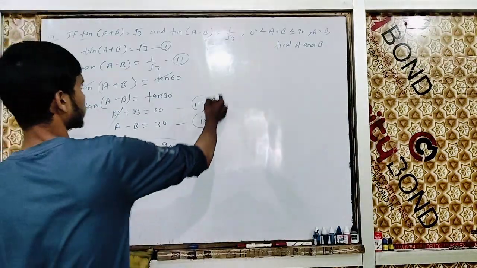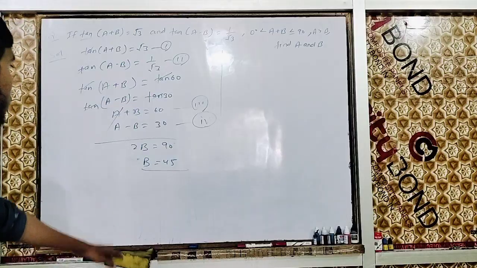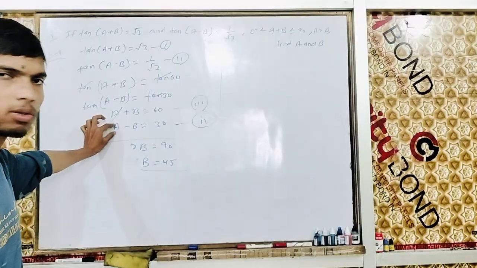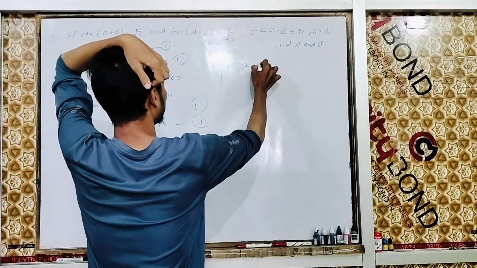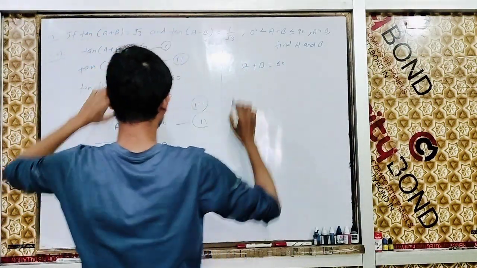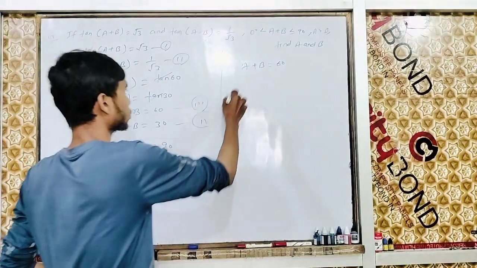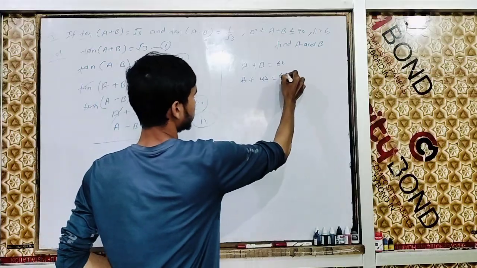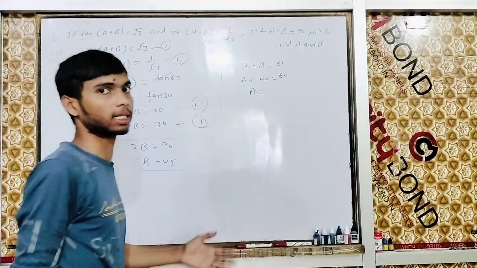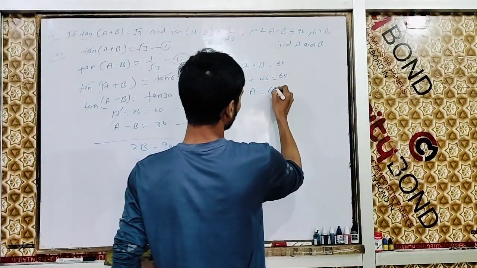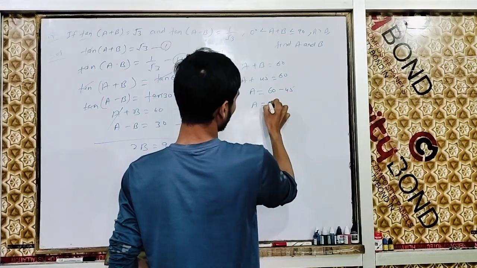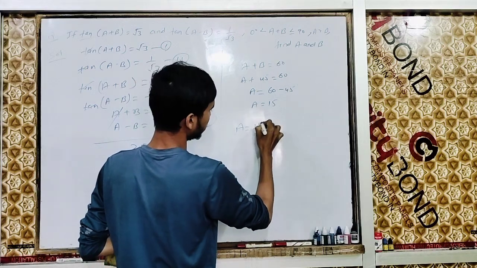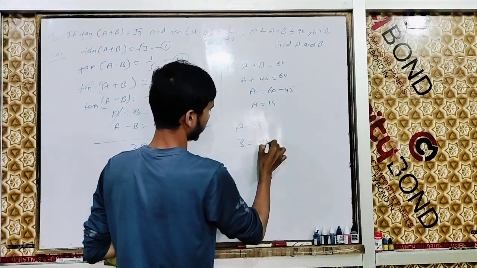If you take this, it's okay. If you take this, it's also okay. But take one. Here we don't know the value of a. We know the value of b is 45, and 60 as it is. So here a is 60 minus 45, which comes to 15. Now here you can see we have a as 15 and b as 45.